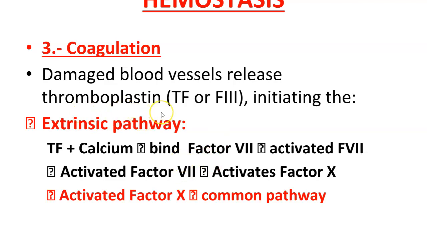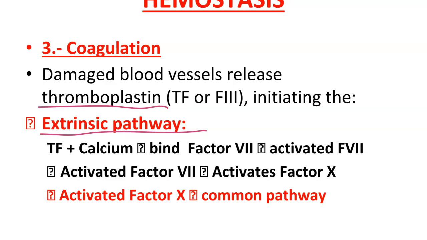What initiates this very complex step is the production of thromboplastin, which is secreted by the damaged blood vessel cells. There are actually two coagulation cascades. The extrinsic pathway is the first one that is activated, by the thromboplastin released by the damaged blood vessels.